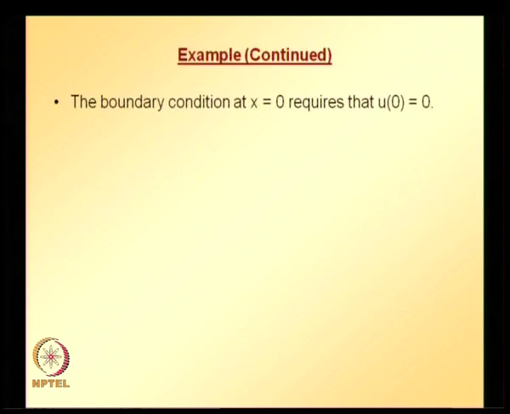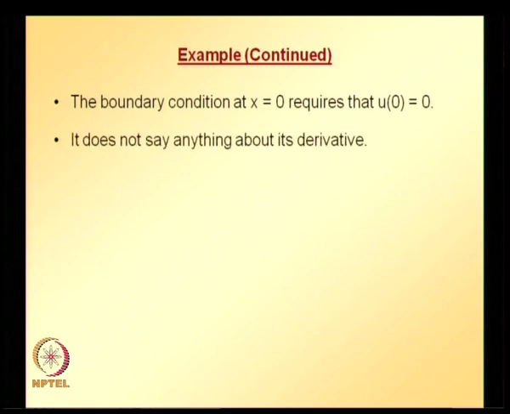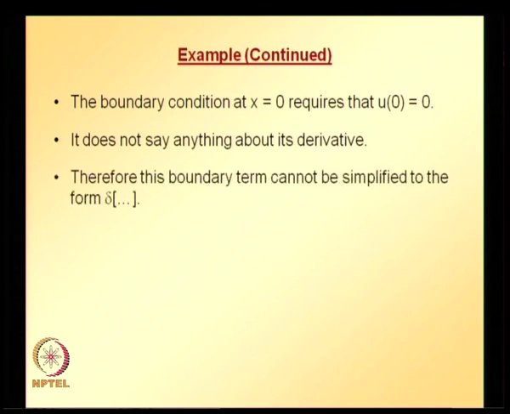And if you see the other boundary condition, we need to evaluate at x is equal to 0, and the essential boundary condition is already given, that is u evaluated at x is equal to 0 is 0. But the problem does not say anything about its derivative, and therefore this boundary term cannot be simplified to the form of a variation of some quantity inside.